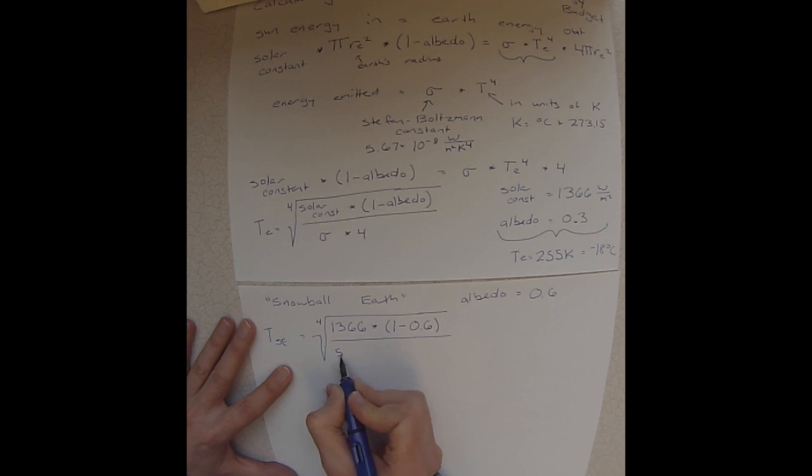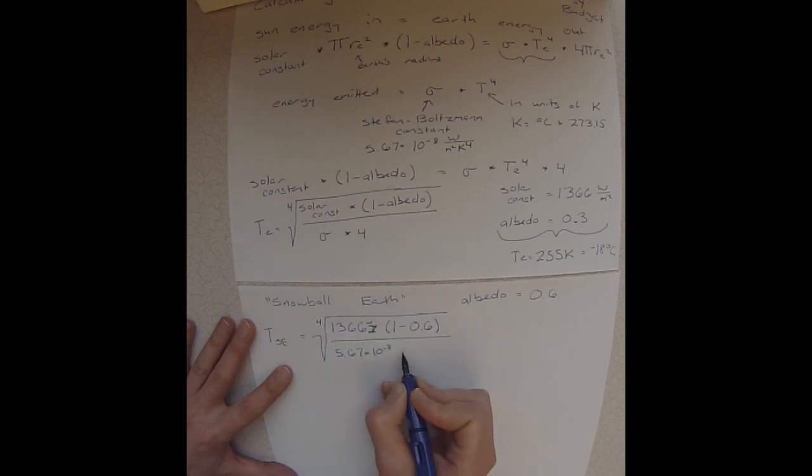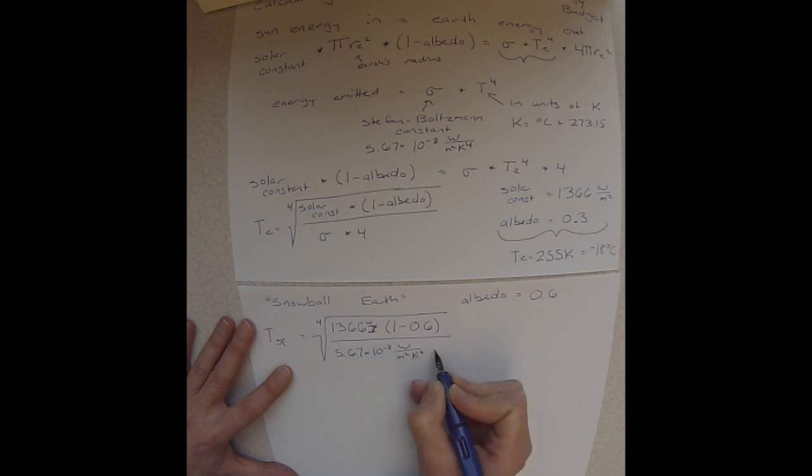Stefan-Boltzmann constant, always a constant, 5.67 times 10 to the minus 8. We'll put our units in here. Our solar constant is watts per meter squared, and our Stefan-Boltzmann constant is watts per meter squared, Kelvin to the fourth. And we've also got that 4 in there to consider.